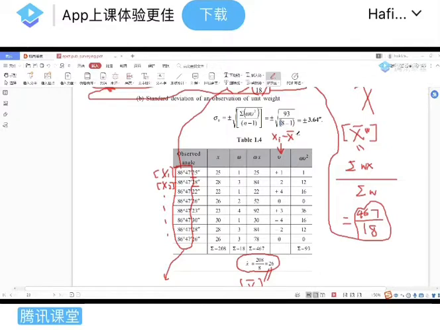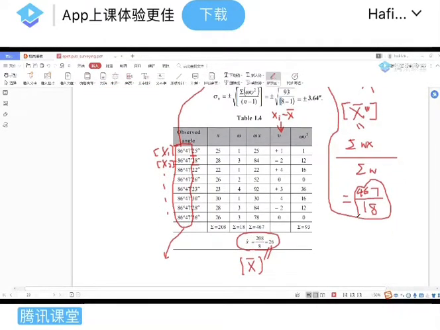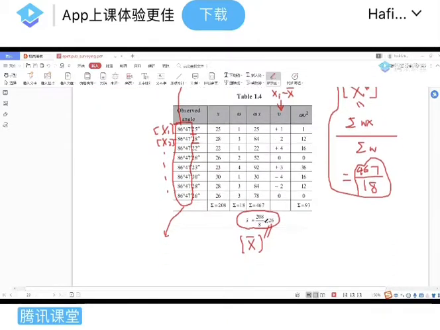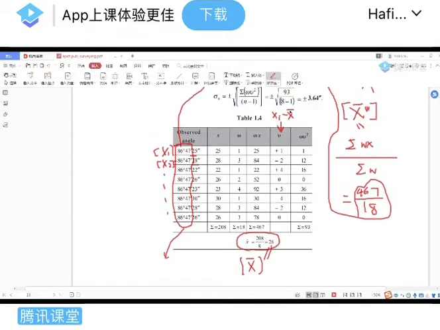Here you can see it's not the weighted bar. You just use 26 as your x bar for the deviation. So the standard error and the mean value are calculated using different mean values. Okay, so in this case I have 26.